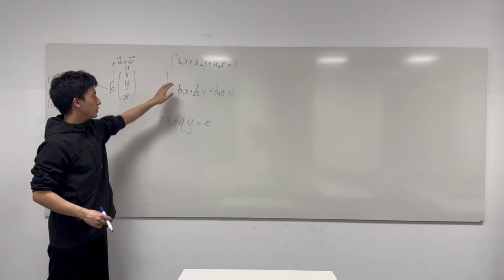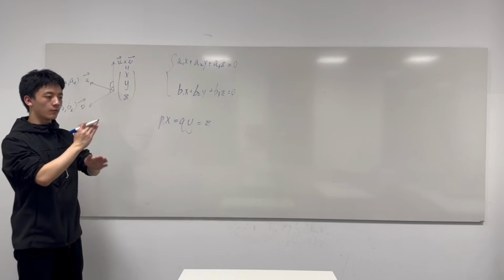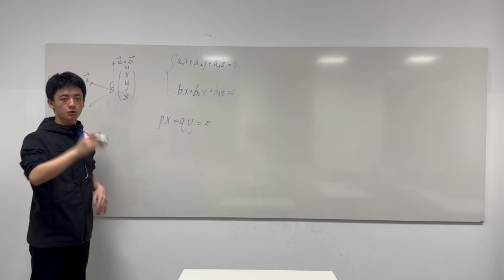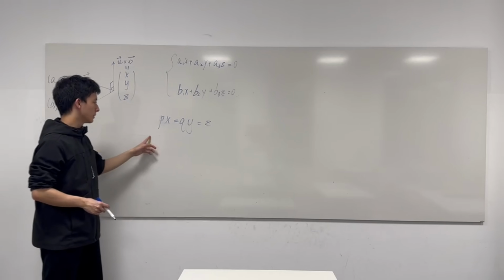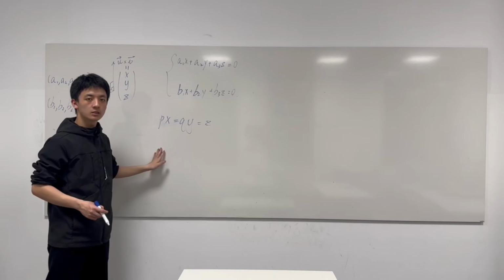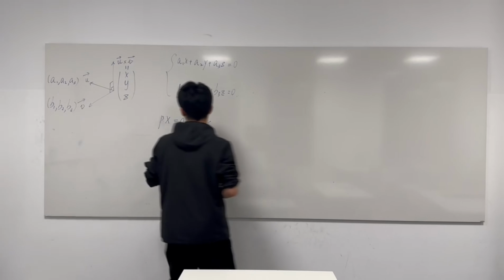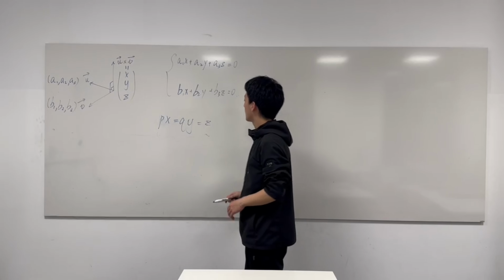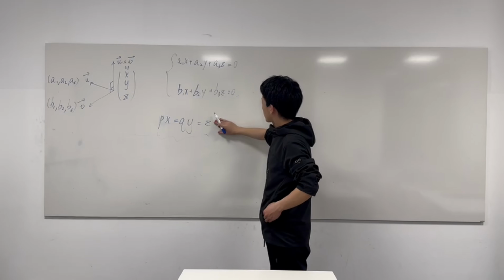Why? Because the line that these two planes form goes through the origin, so it should be linear like that. According to this, we assume the result is like that.